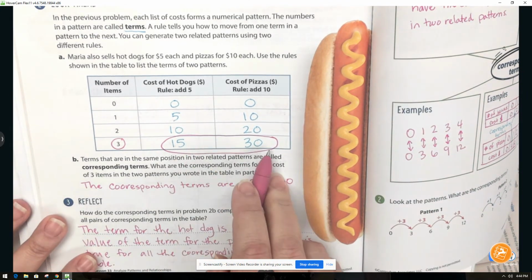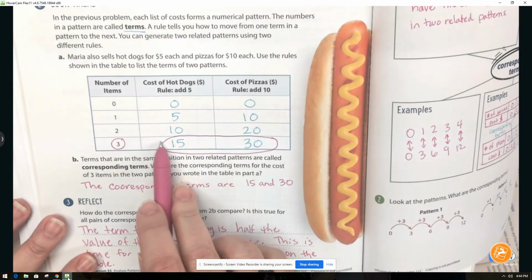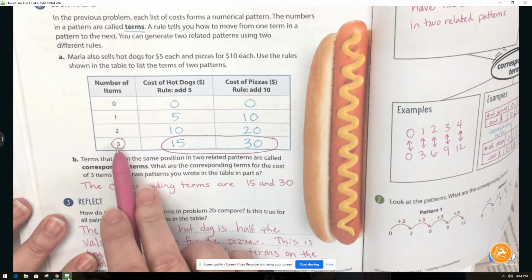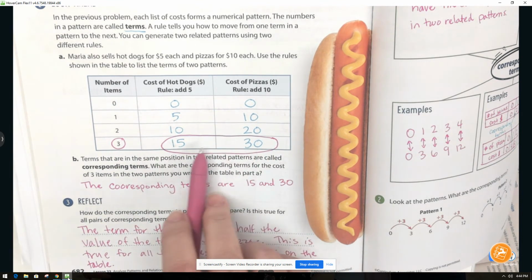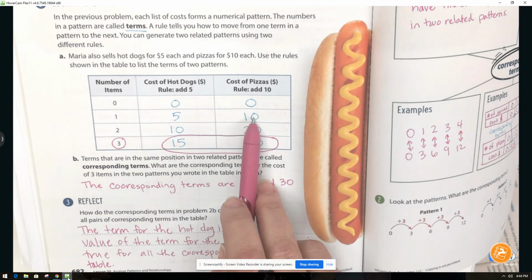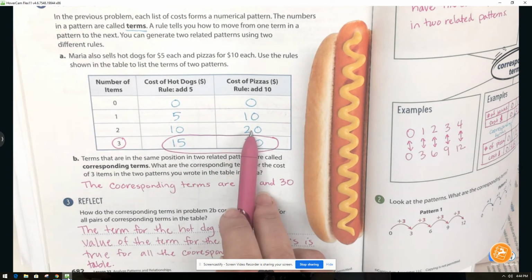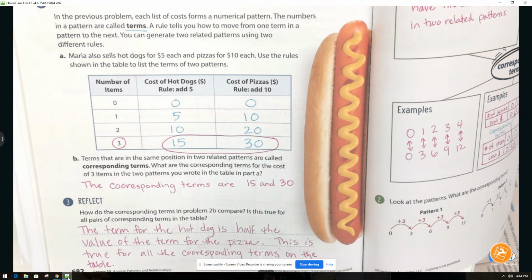So 15 and 30 are corresponding terms because they're in the same position. They both have 3 items. So that's how we know they're corresponding terms. Other examples here of corresponding terms are 0 and 0, 5 and 10, 10 and 20. Each of these groups are corresponding terms.